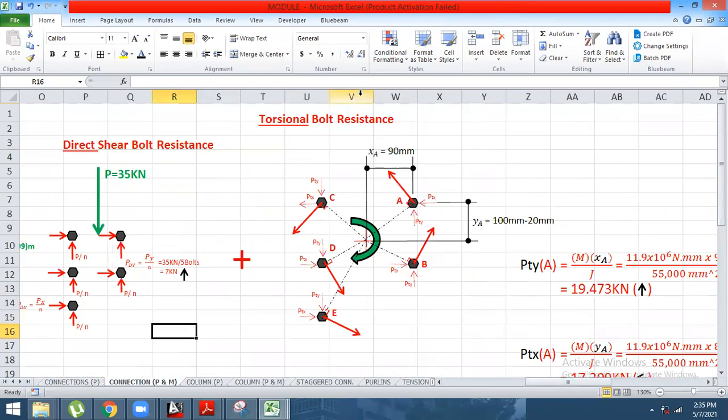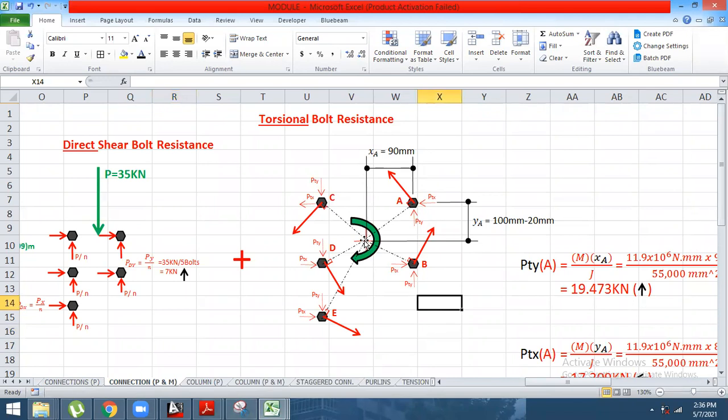What about for the torsional bolt resistance, sir? For the torsional bolt resistance, since the moment acting on the body is clockwise, so therefore, all of the bolts will help each other to counteract that clockwise. So they will act counterclockwise. So this is the illustration. Okay, so how will it happen, sir?